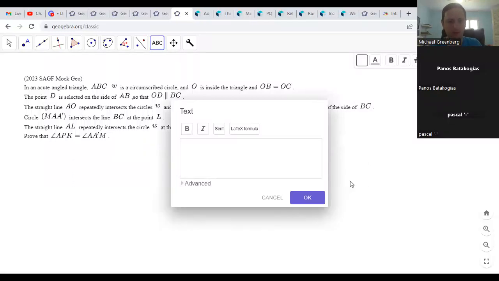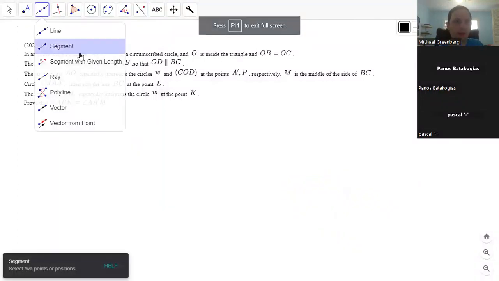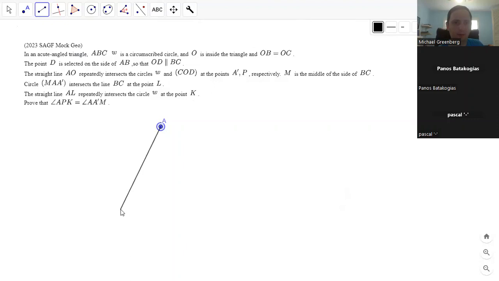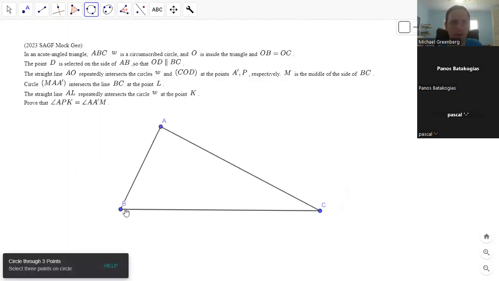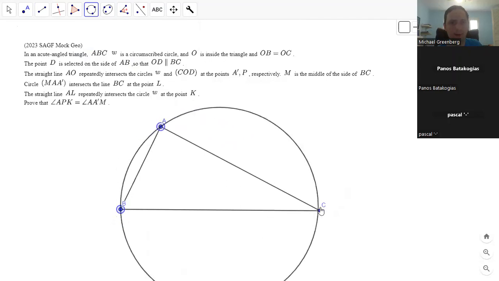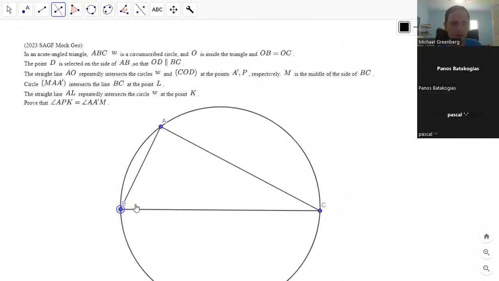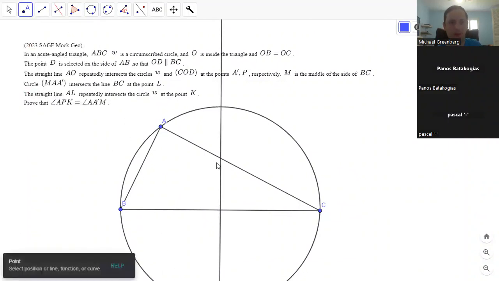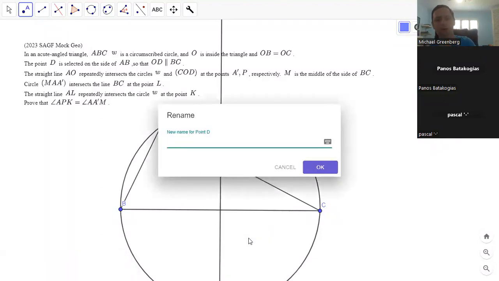There we go. So we have a circumcircle omega, and O, I don't think O is the center. I think O is just a point inside it that lies on the perpendicular bisector. So we have a point O, not necessarily the center of the circle.